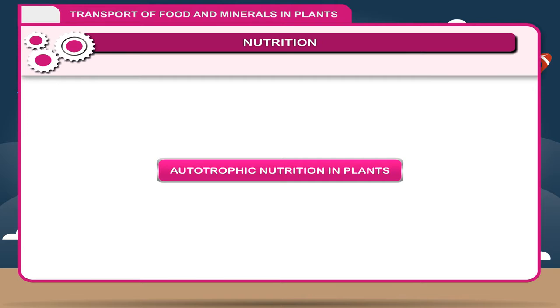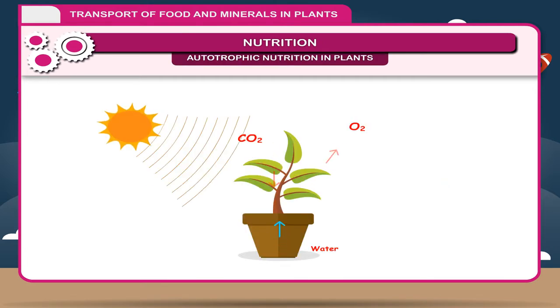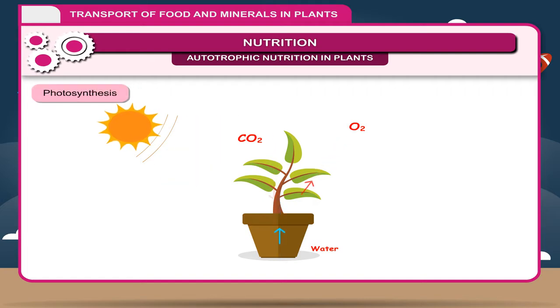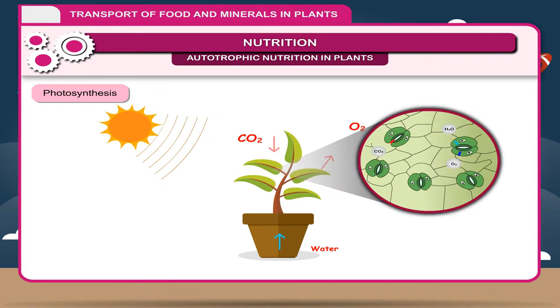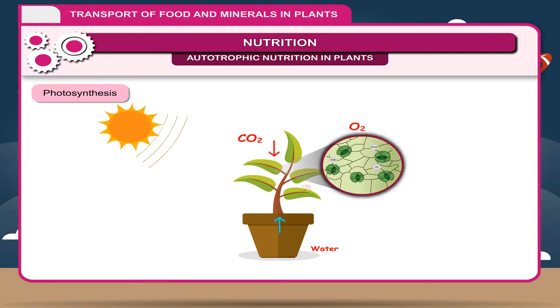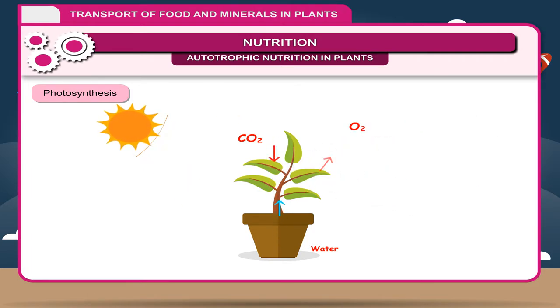Autotrophic nutrition in plants. The green plants prepare their own food through a process called photosynthesis. Photosynthesis. All the green parts of the plants manufacture food material through the green pigment called chlorophyll. It is a process in which green plants synthesize food from carbon dioxide and water in the presence of sunlight.